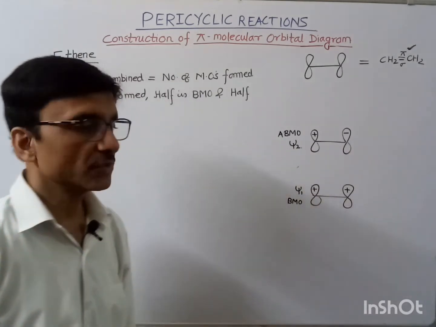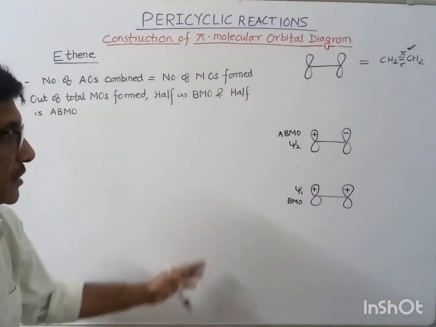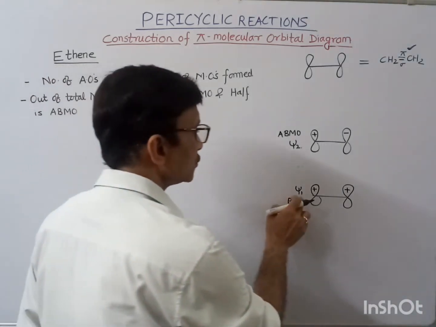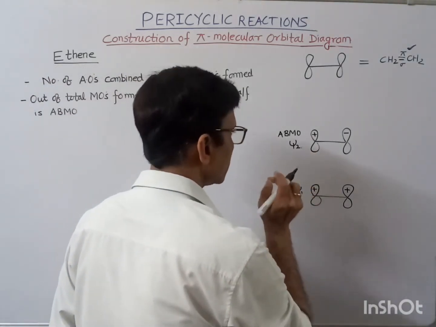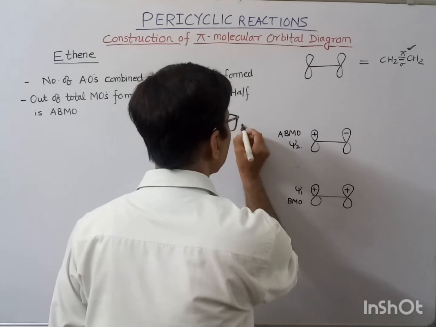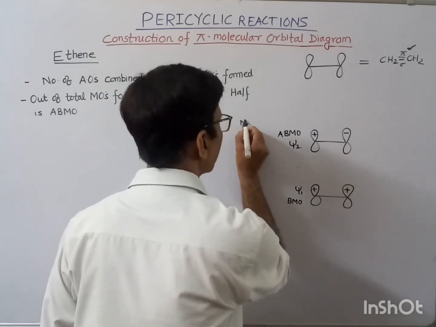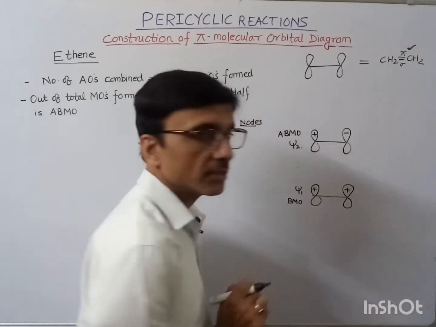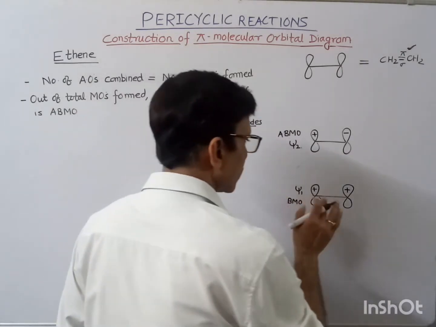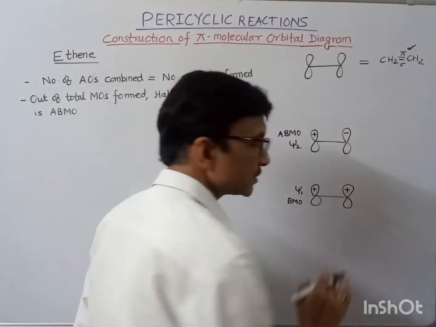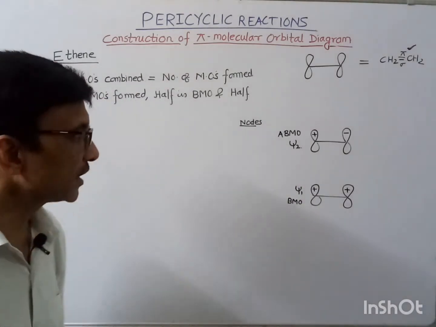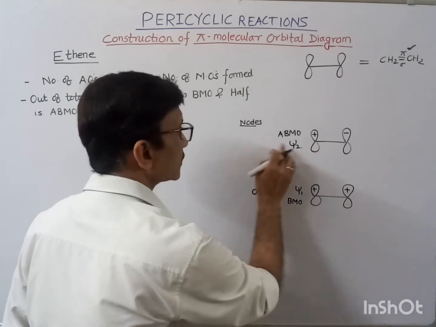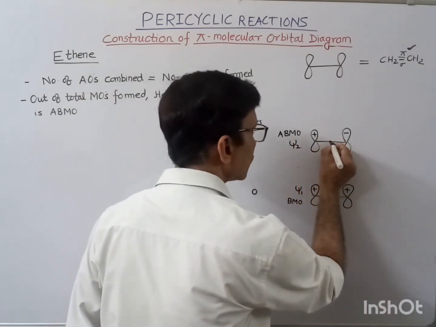So in this case, if you find the total number of nodes for these two molecular orbitals, how many nodes are present in psi1? There is 0 node, because this plus plus is the constructive overlap. So the number of nodes present is 0, and here the number of nodes present is 1.